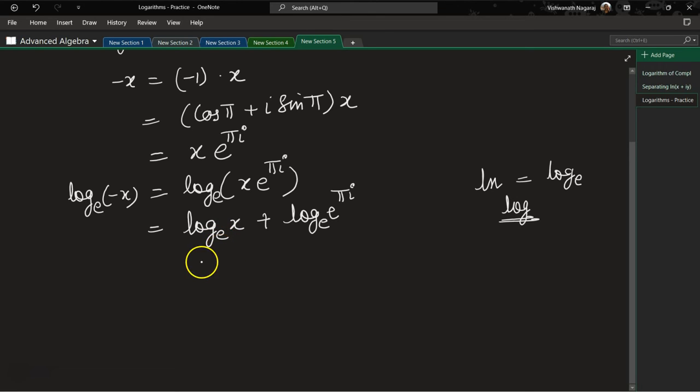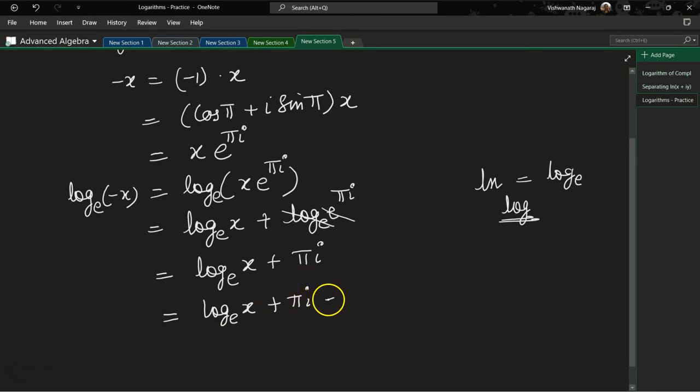So now we know log and e cancel out each other. They are inverses of each other. So we end up with log e x plus pi i. Now it is periodic in nature. It is a multi-valued function. So this can be written as log e x plus pi i plus 2n pi i.